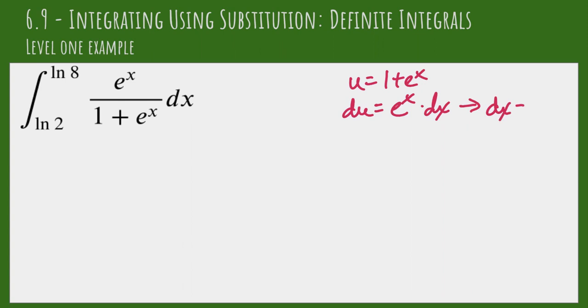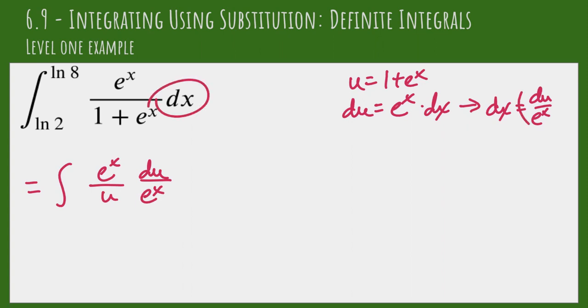I'll solve this for dx and get du over e to the x. So making my substitution, I'm going to have u in the denominator. I'm going to have e to the x stay there, and then dx is going to become du over e to the x. So again, the dx is getting replaced with that.